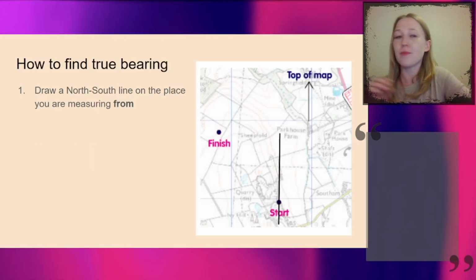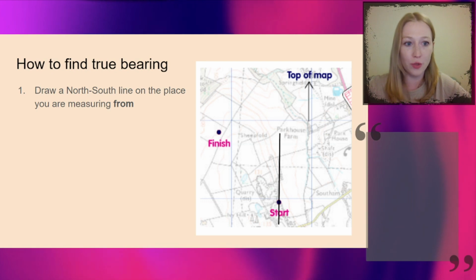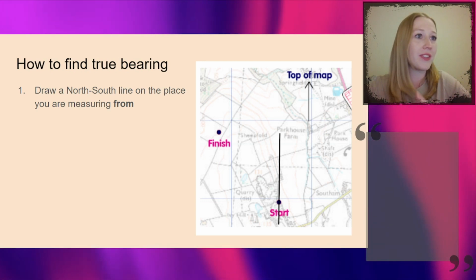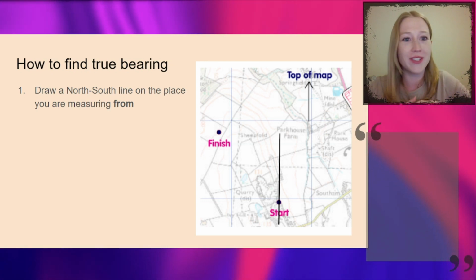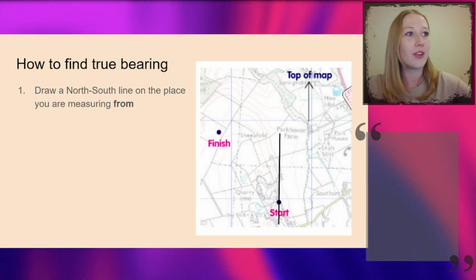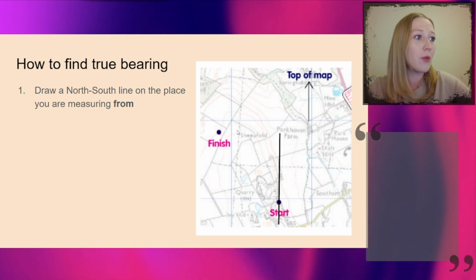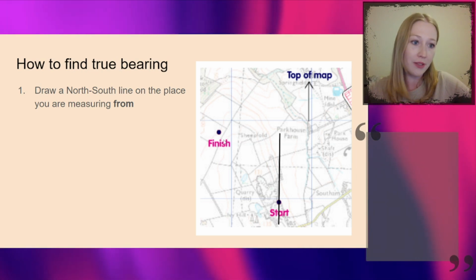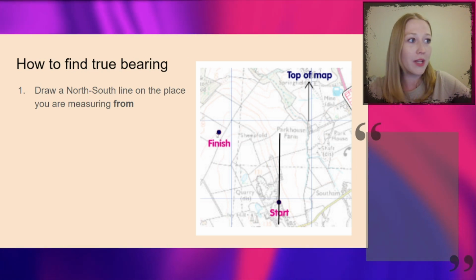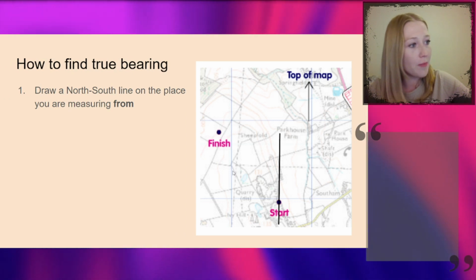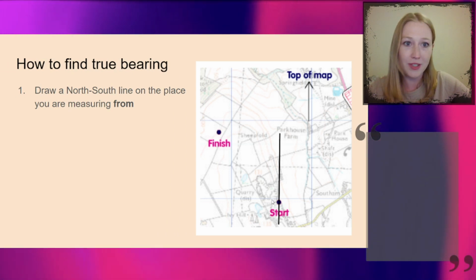Let's start with how to find true bearing. This is a very straightforward set of instructions. First, you need to find your points of interest. I want to know the bearing of my finish point from my start point.